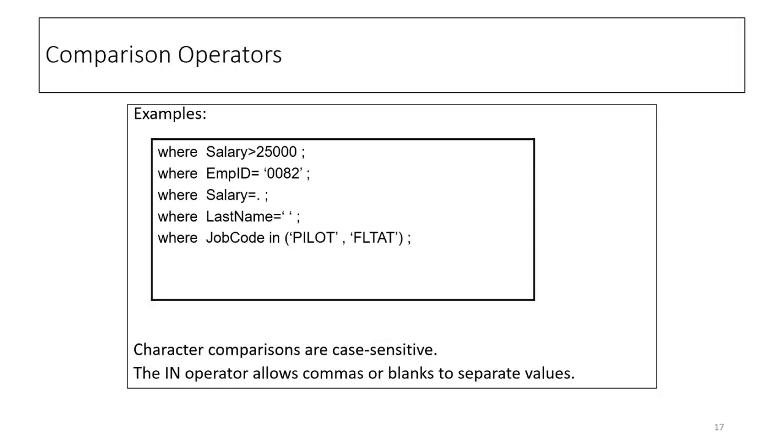Now let's see how comparison operators work. WHERE salary greater than 25,000. WHERE EMPID equals 0082, within quotes. WHERE salary is a null value: when a numeric value is missing, it shows as a dot or period. WHERE lastname is blank, for a missing character value. WHERE jobcode IN 'PILOT' in capital letters.